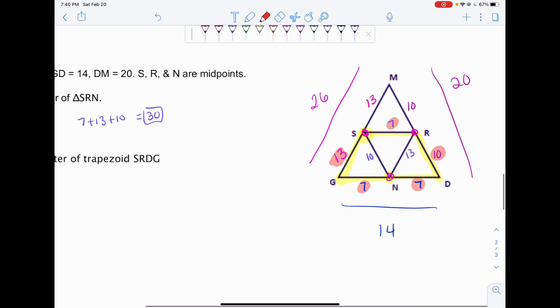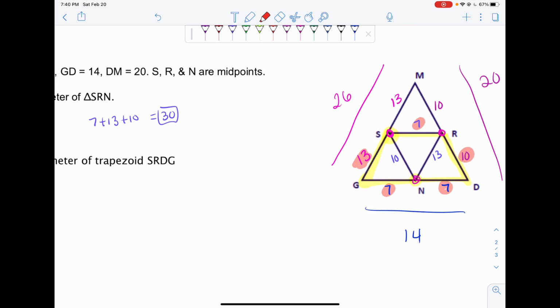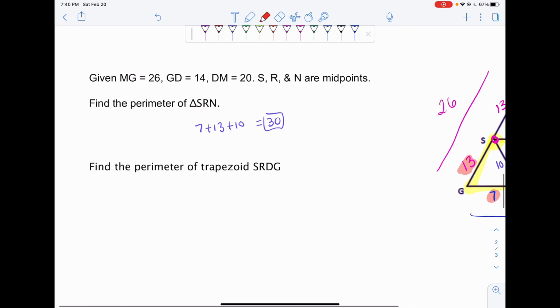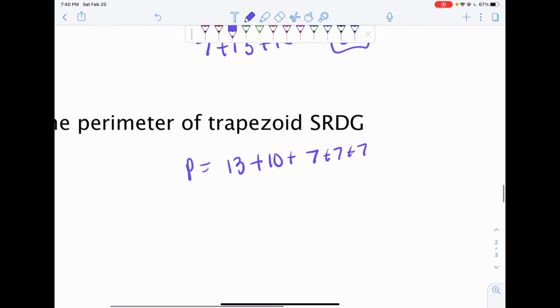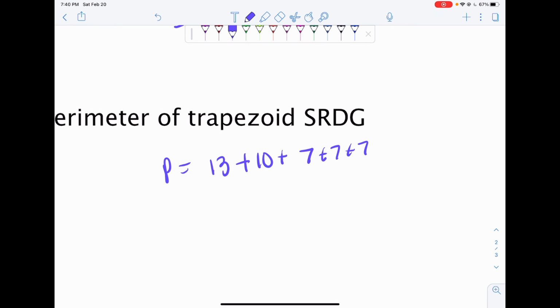So I'm going to do 13 plus 10 is 23, 7 plus 7 plus 7 is 21, 23 plus 21 is 44. So my perimeter is 44.